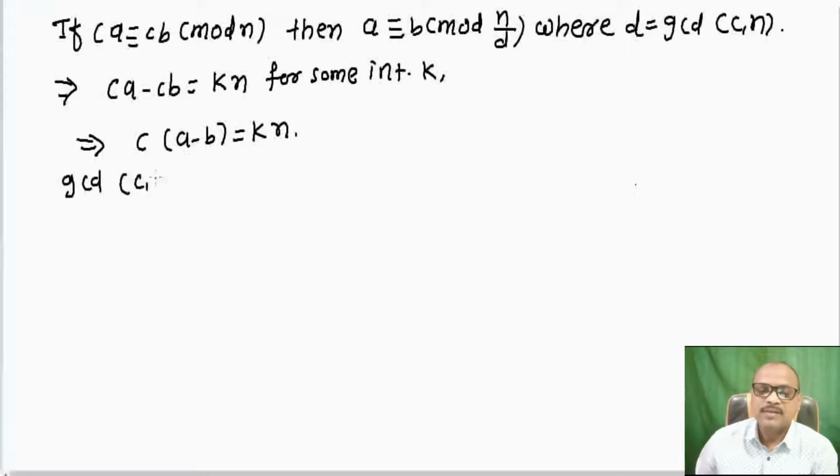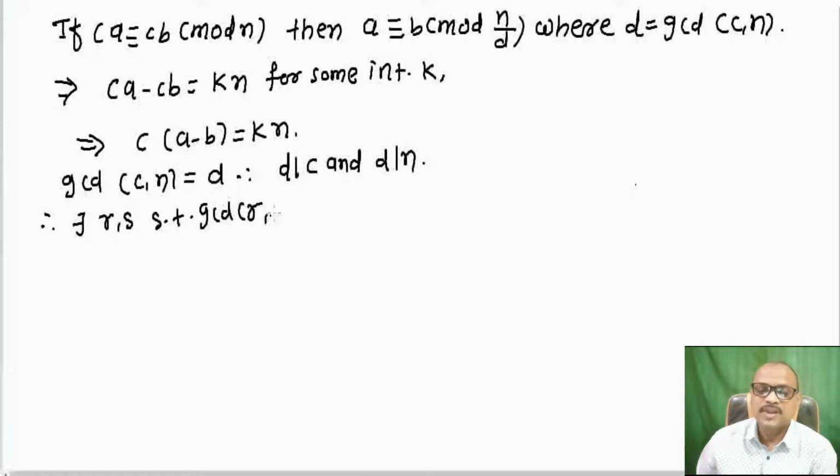GCD of c and n equals d. Therefore, d is a divisor of c and d is a divisor of n. There exist, by definition, r and s such that GCD of r and s equals 1, and c equals r times d and n equals s times d.